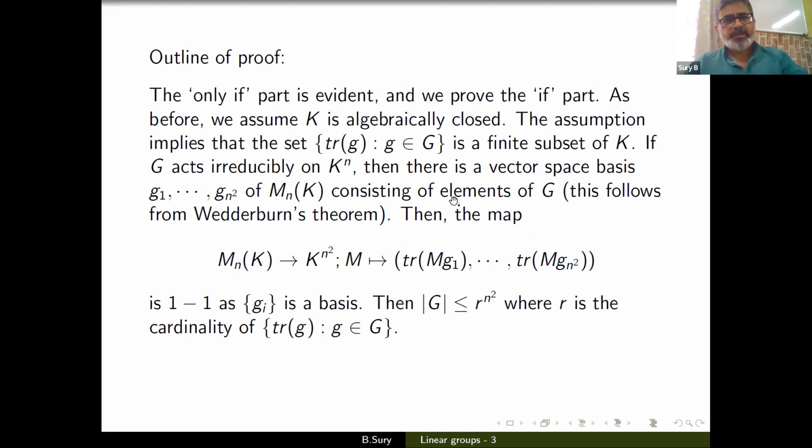As before, the group is inside GL_n(K), and you can put it inside GL_n(K bar), so you can assume that the field is algebraically closed. This assumption implies the trace set is a finite subset, because the number of conjugacy classes is finite and on a conjugacy class the trace value is the same. So that is how the conjugacy class plays a role in this proof.